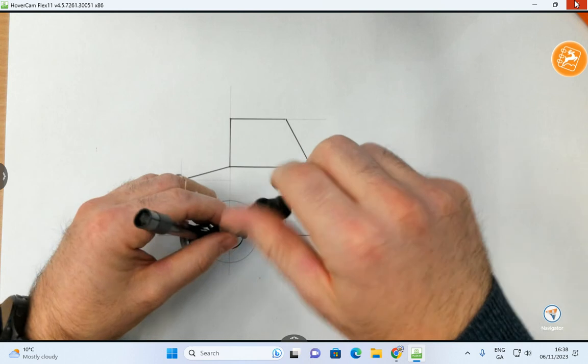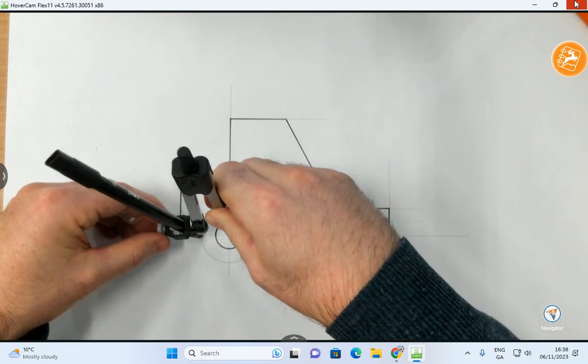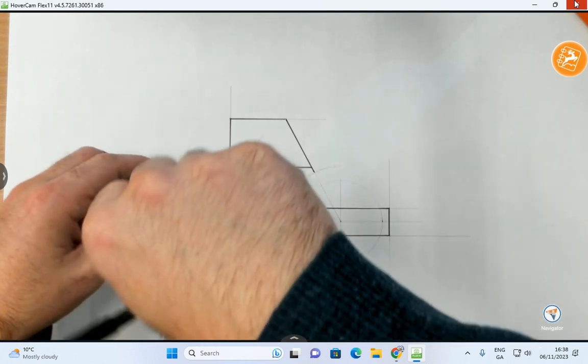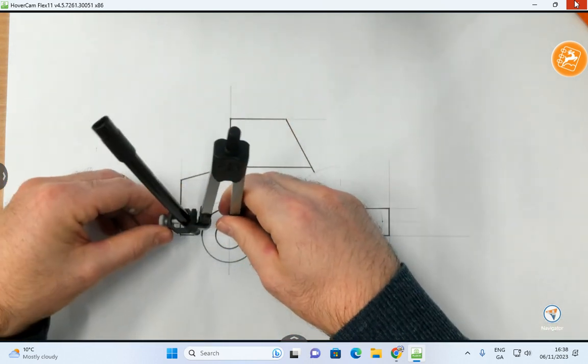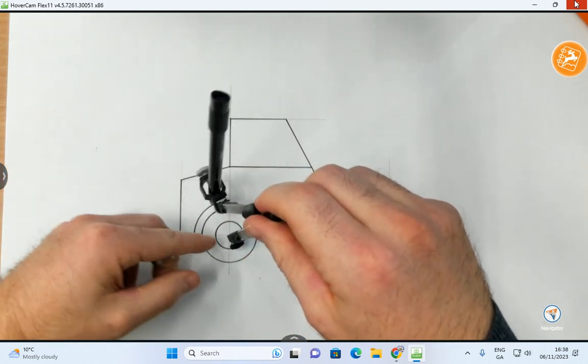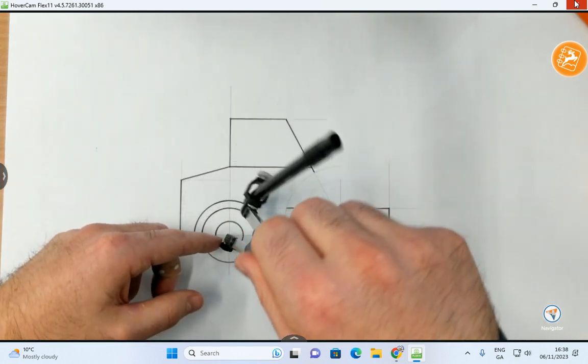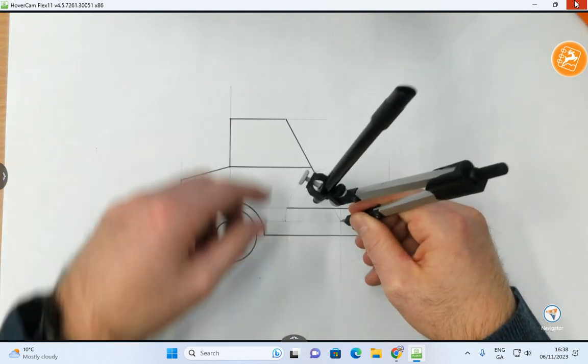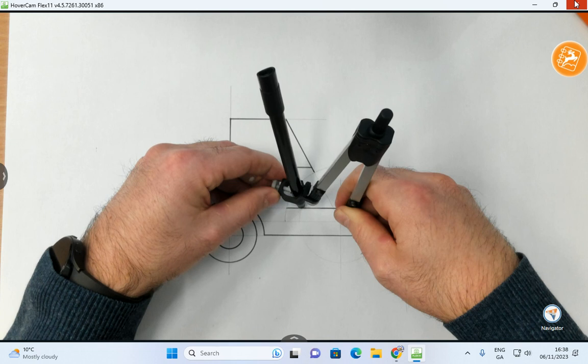Best I can. So there's the 10, and to the radius 20. Now obviously if you're at home and you don't have this little attachment, just do it as best you can with pencil or with the lead and the compass. There we go. And then up to this circle here, radius 30.